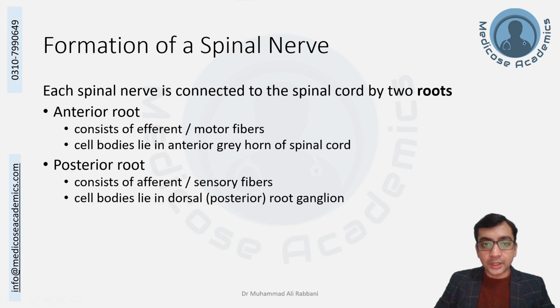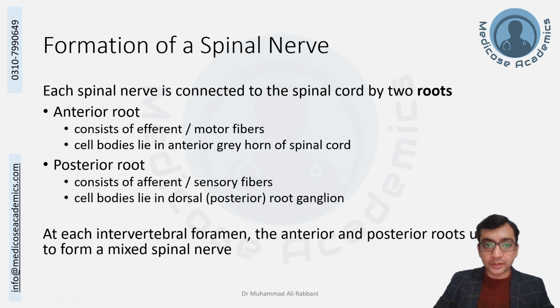The posterior root consists of the incoming, the sensory fibers that are entering into the spinal cord, and their cell bodies are outside in the dorsal root. As they exit the vertebral canal through the intervertebral foramen, the ventral and dorsal roots join one another to form a mixed nerve.